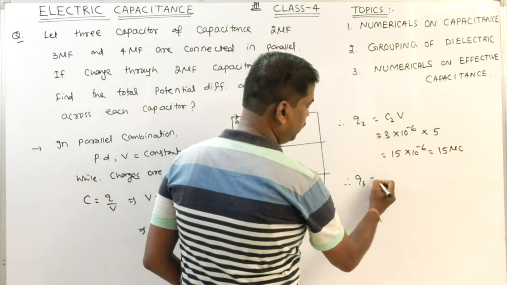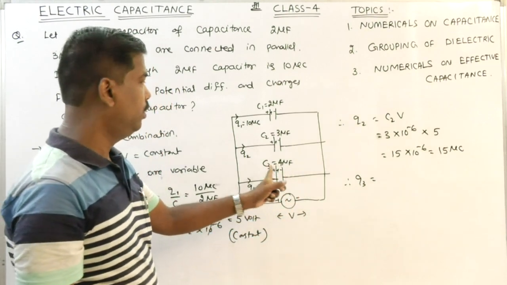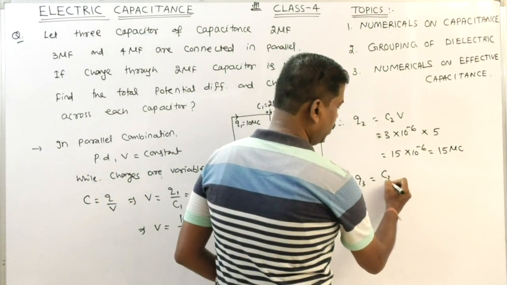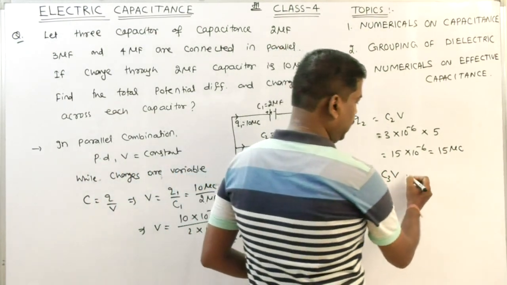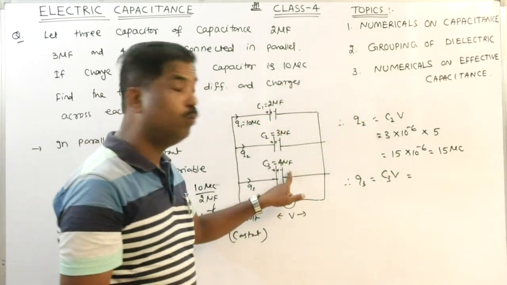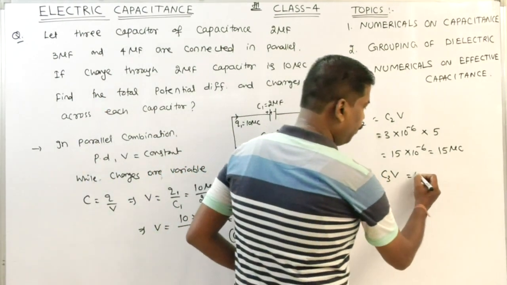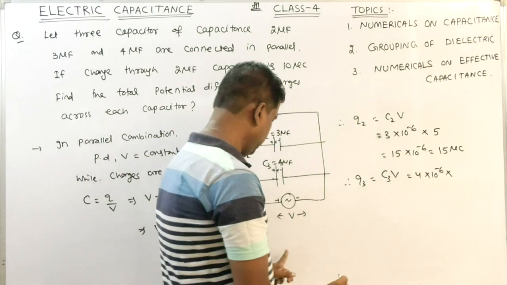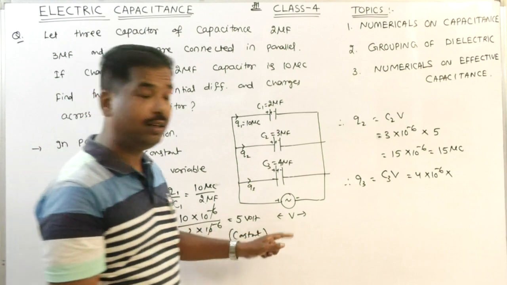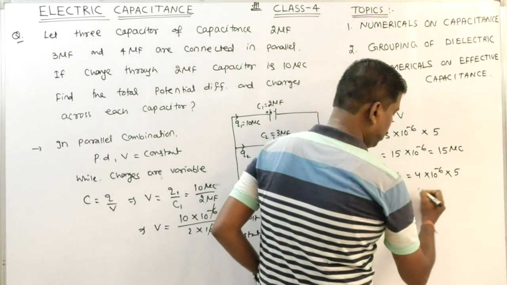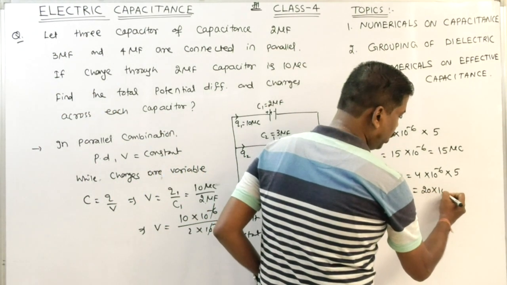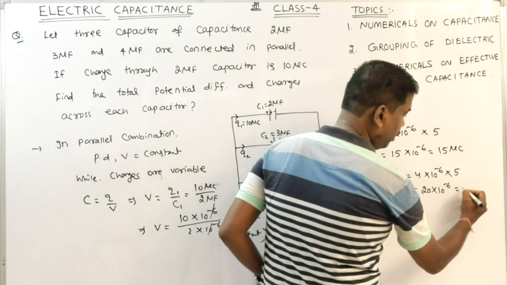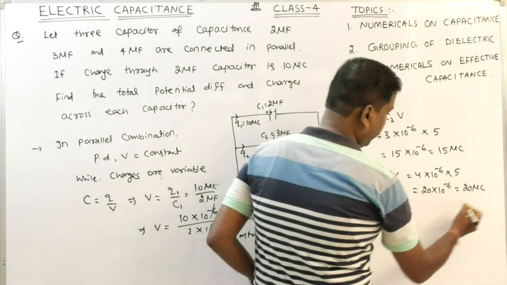Similarly, Q3 is C3 V. C3 is 4 microfarad, 4 into 10 to the power minus 6, into V, again 5 volt because V is constant. That is 20 into 10 to the power minus 6, or 20 microcoulomb.